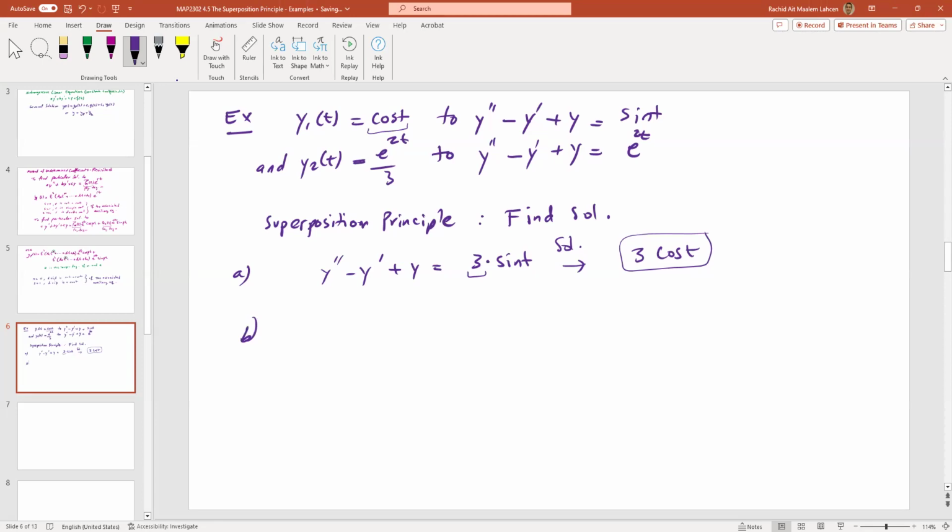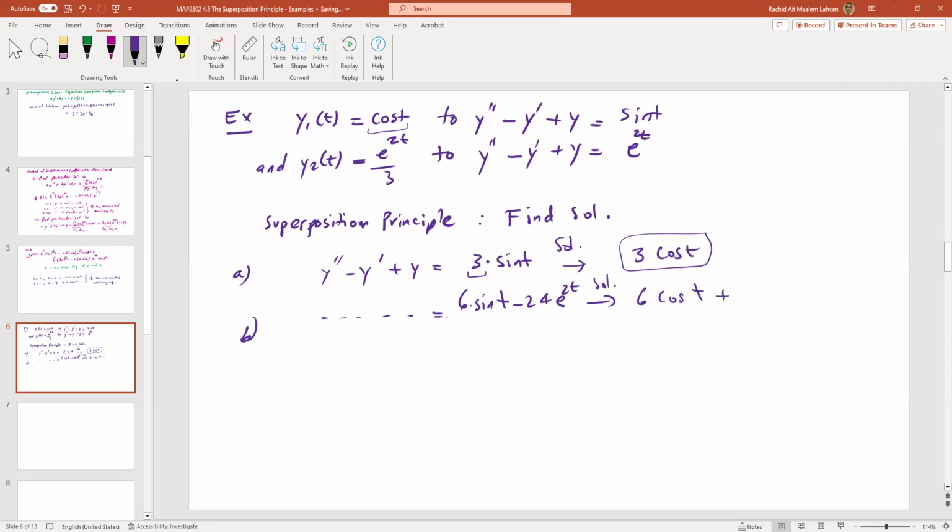Let's do another example. So let's say this is the same, and here you have 6 sine of t minus 24 exponential function e to the 2t. So what is the solution? Of course, it's 6 sine of t. So the solution is going to be with y sub 1, it's going to be 6 cosine of t.